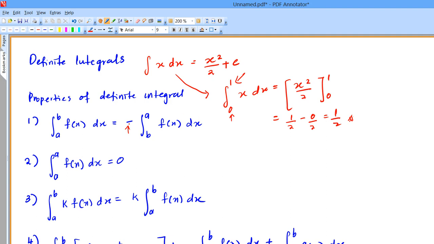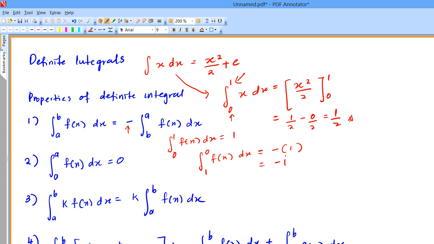Okay, for example, if we have integral of f(x) dx from 0 to 1 equal to 1, if we have integral of f(x) dx from 1 to 0, so it's actually equal to negative 1, just put negative sign, equal to negative 1.